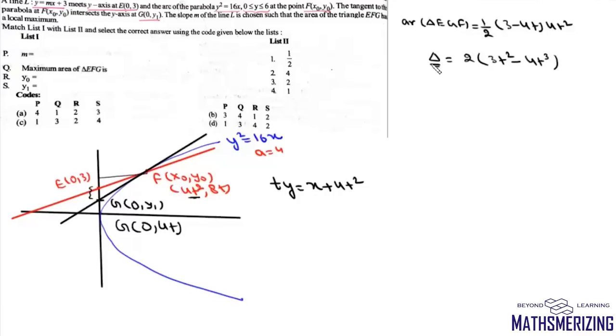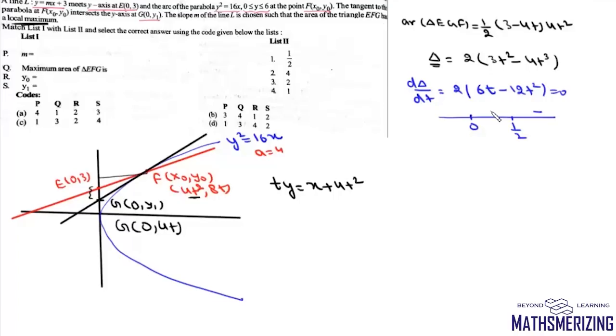Now we need to maximize this area, so we'll differentiate. So d delta upon dt, it'll be 2 and then 6t minus 12t square is equal to 0. So we'll get the value of t as either 0 or 1 by 2.